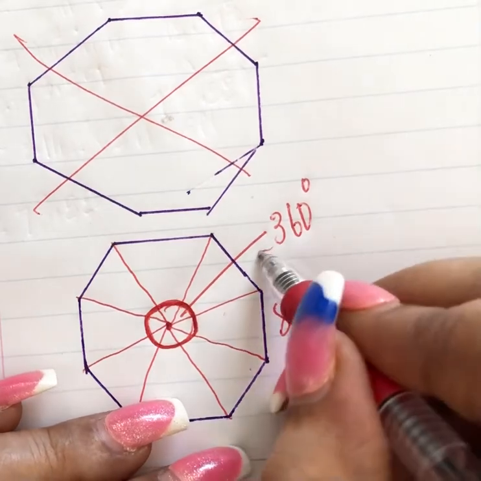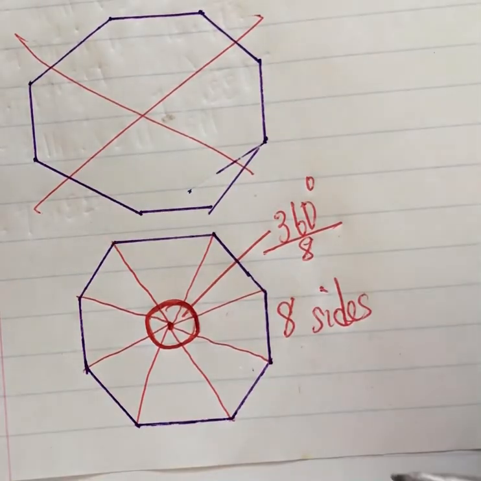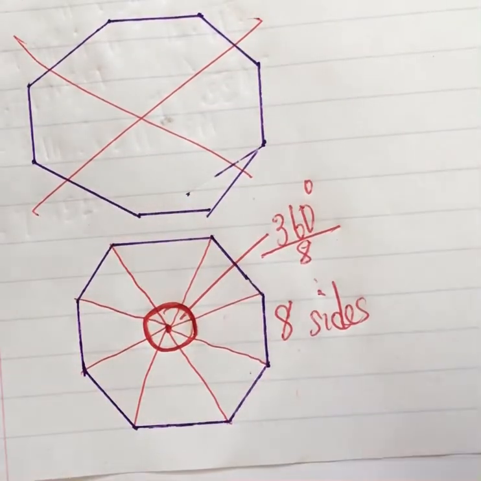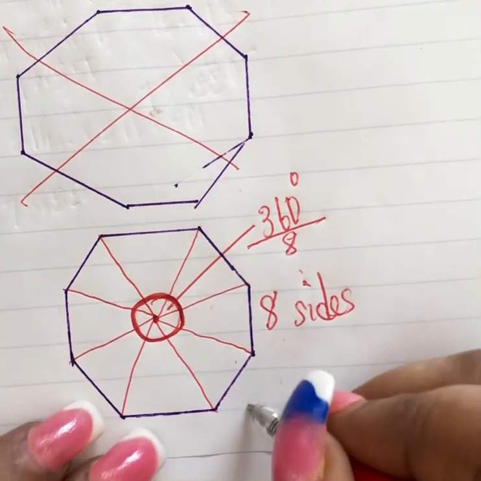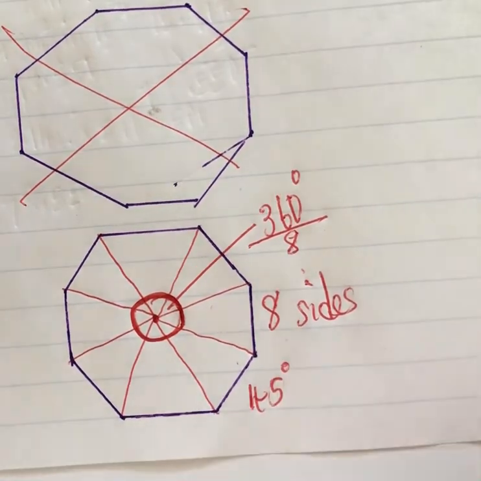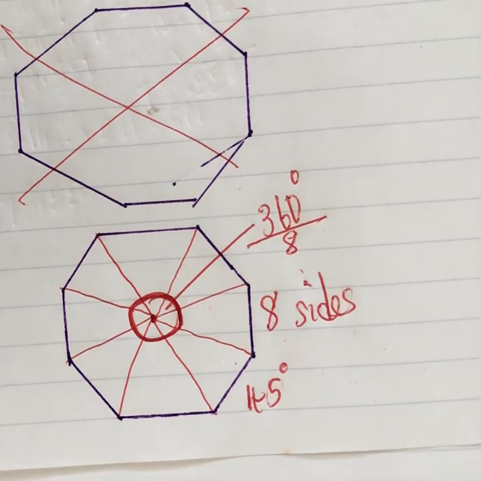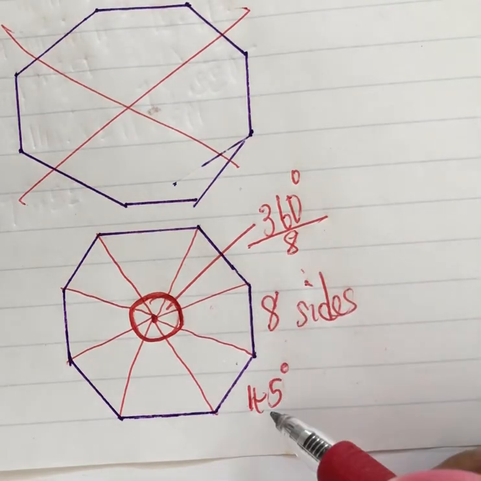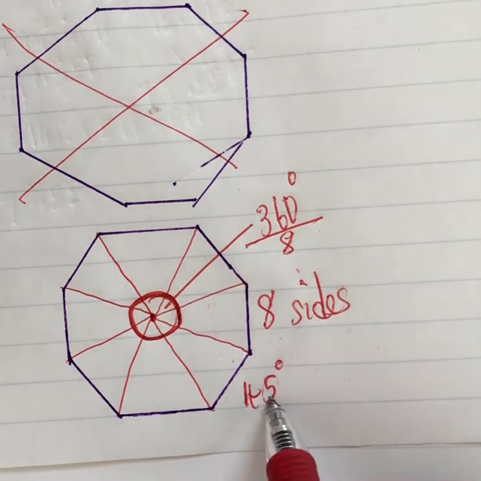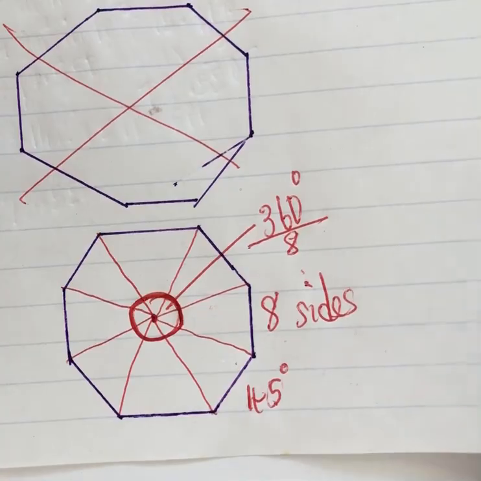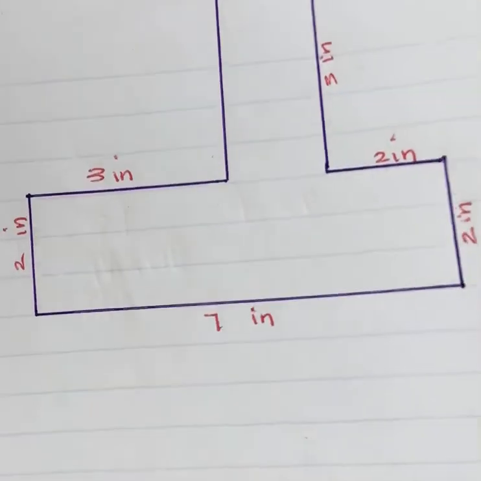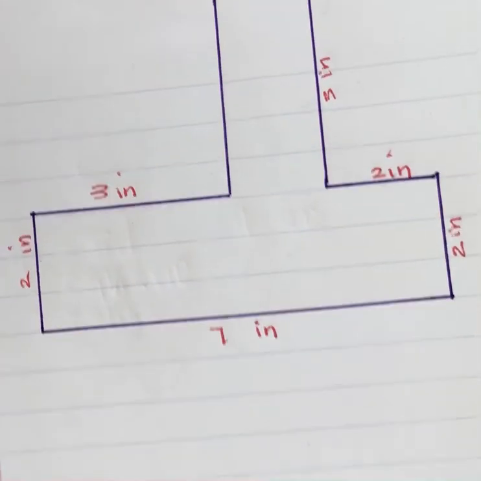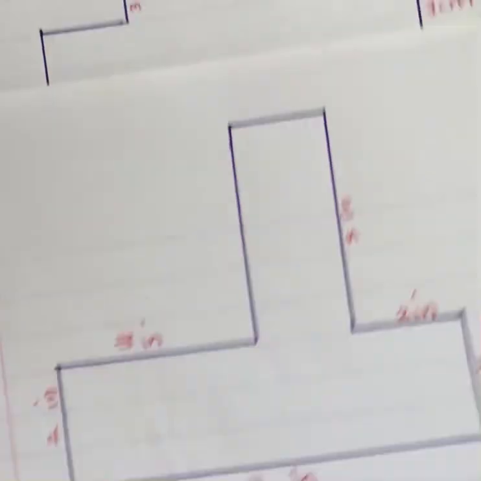I can quickly divide 360 by 8. And when we divide 360 by 8, we will get exactly 45. Therefore, the measure of each central angle of a regular octagon is exactly 45 degrees.